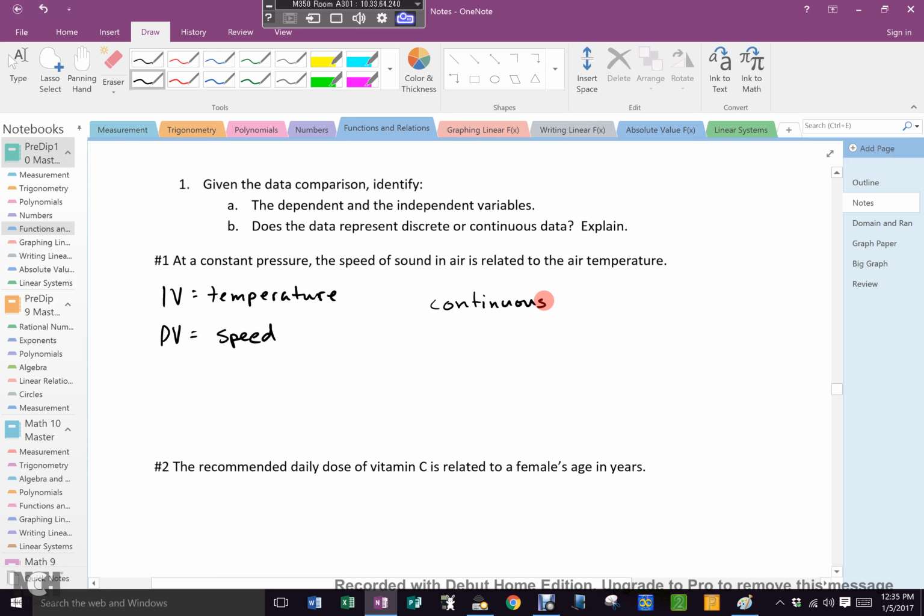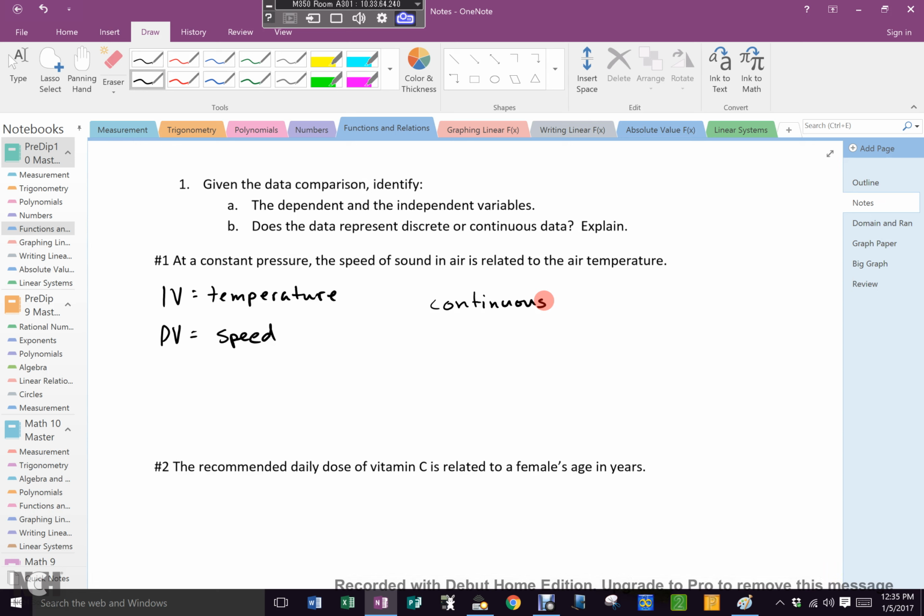No matter what temperature it is outside, sound is still traveling, right? If it gets really cold, does the sound stop? No. That's not how sound works, right?